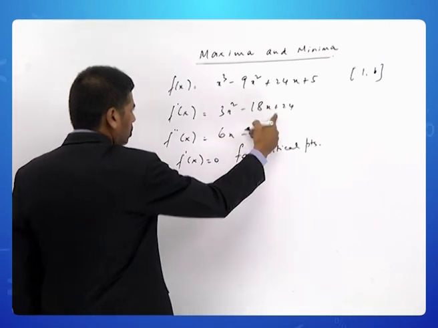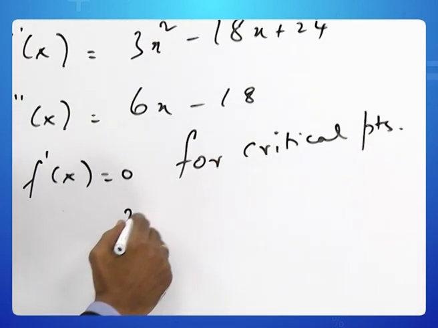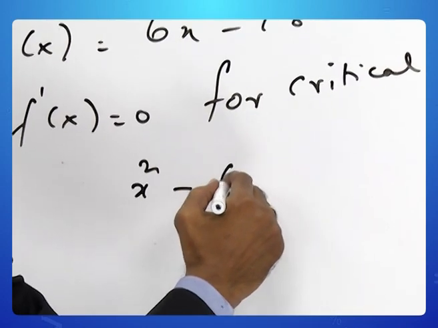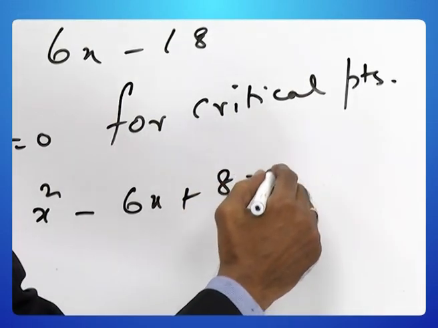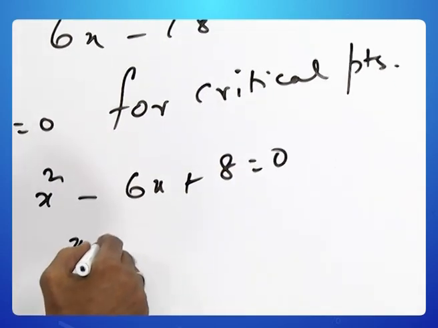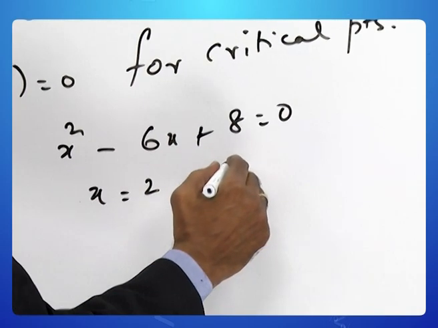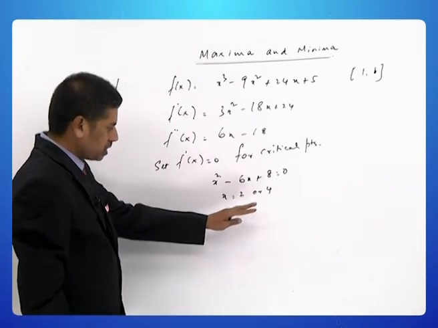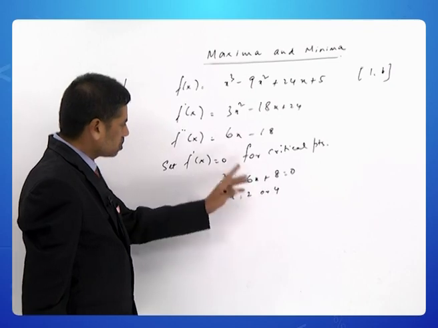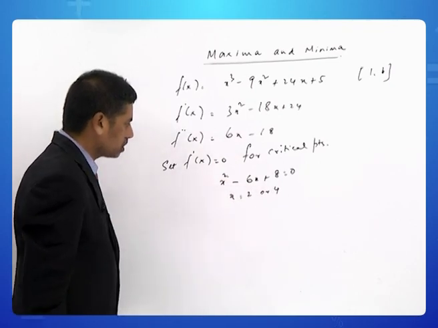So when this quantity is equal to 0, you get x squared minus 6x plus 8 is equal to 0, giving x is equal to 2 or 4. So we'll have to analyze what happens to the second derivative at these two critical points.